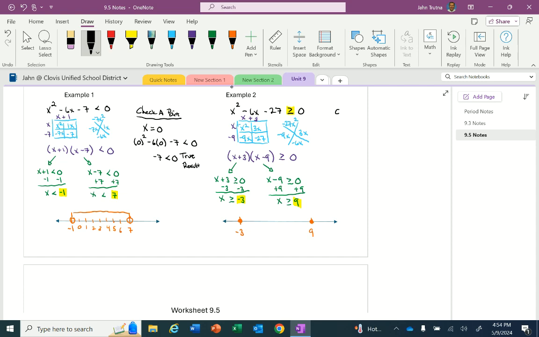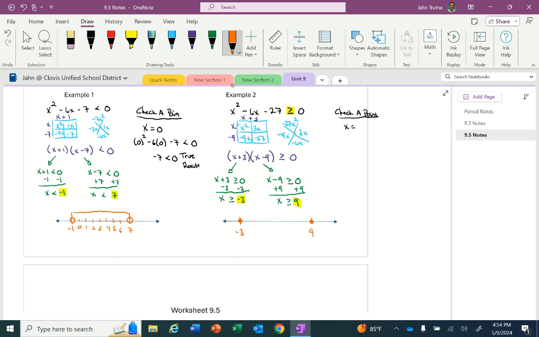Okay, so I'm going to check a point. So which point do I want to check? And remember, when you check a point, you're going to pick any number that's in between your two solutions, negative 3 and 9, any number.